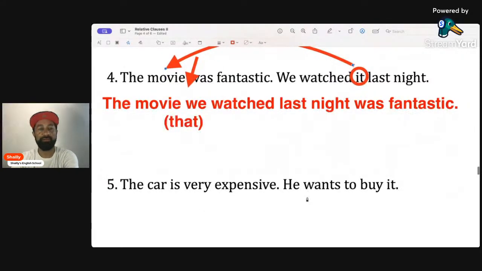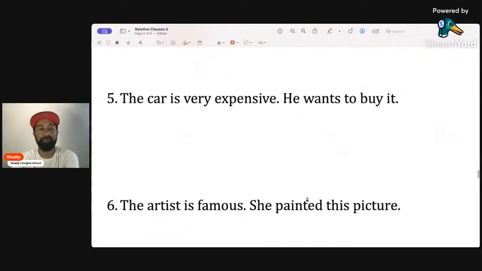Okay, let's do number 5. The car is very expensive. He wants to buy it. So number 5, let's join these two sentences using a relative pronoun, or maybe you don't need the relative pronoun.